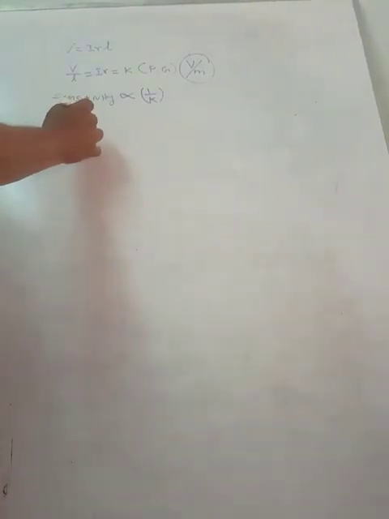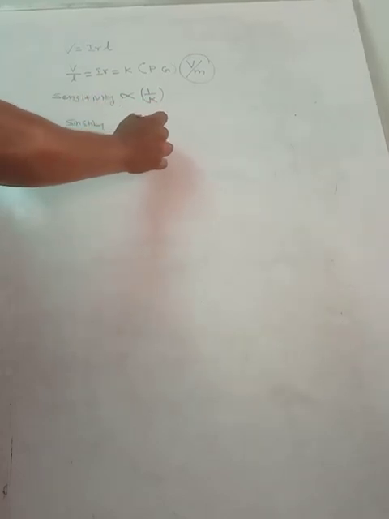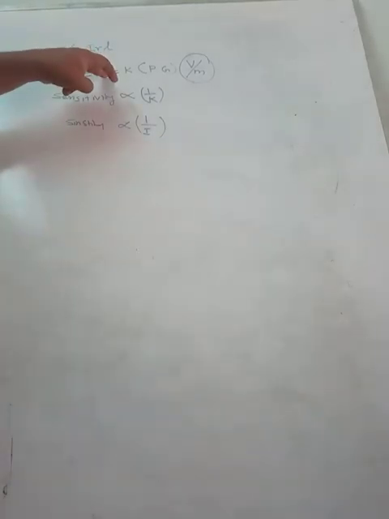That means sensitivity is inversely proportional to K, or you can write it as sensitivity inversely proportional to IR. The K can be written as I into R. Simply you can say that it is inversely proportional to the current I. Here R is not internal resistance, R is the resistance per unit length. So sensitivity is inversely proportional to the current I.